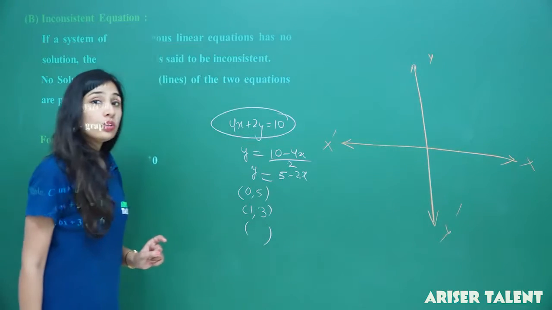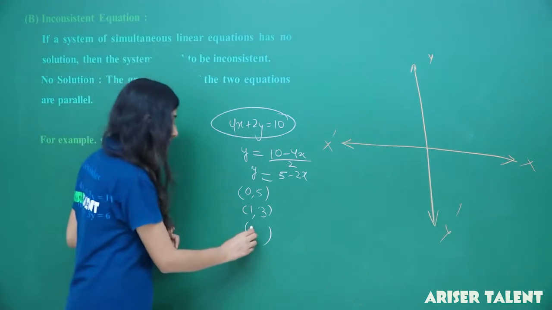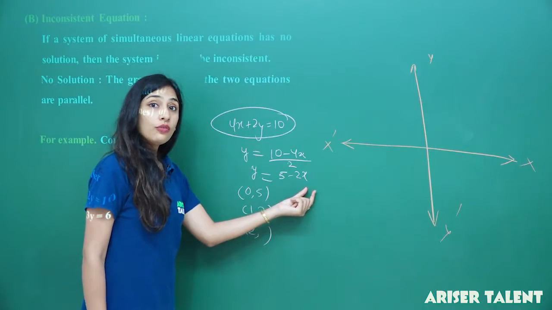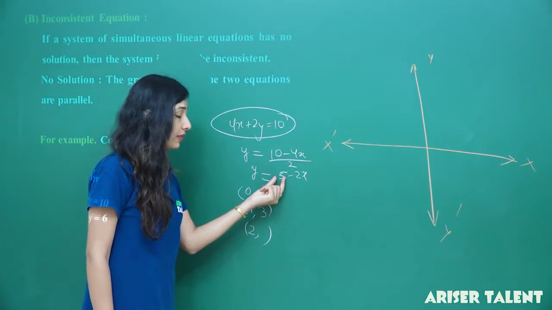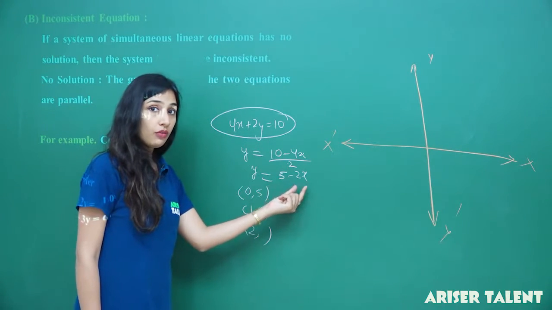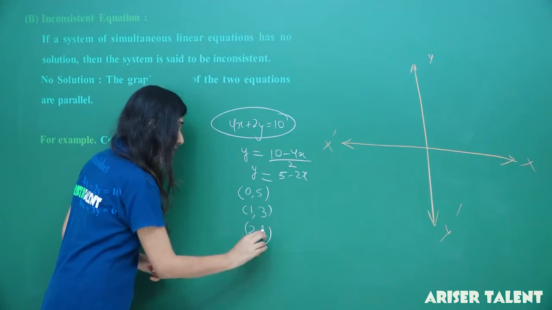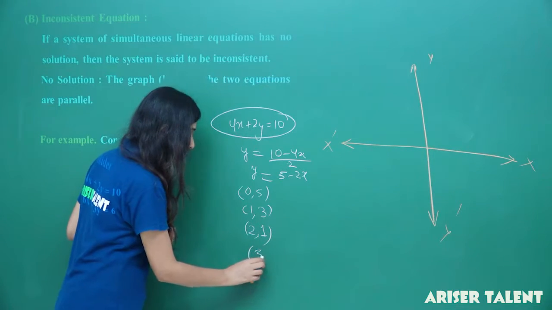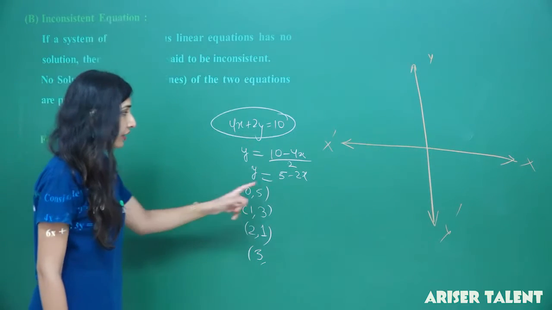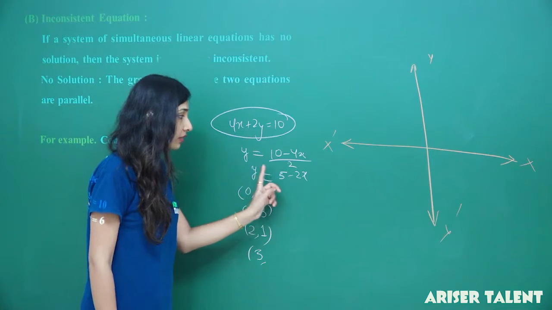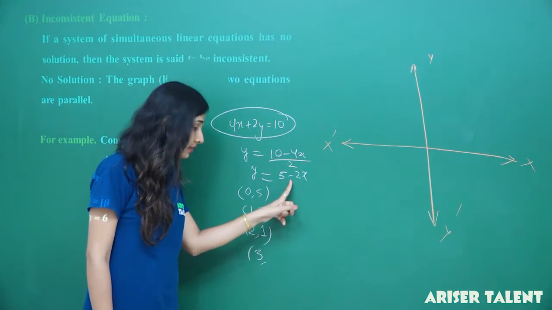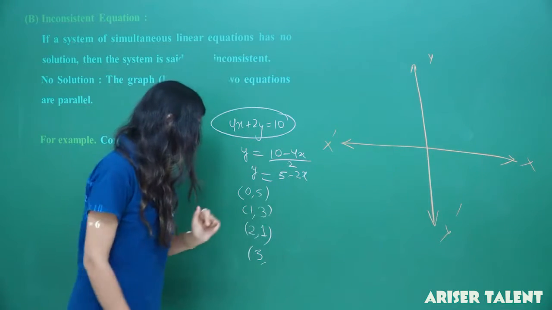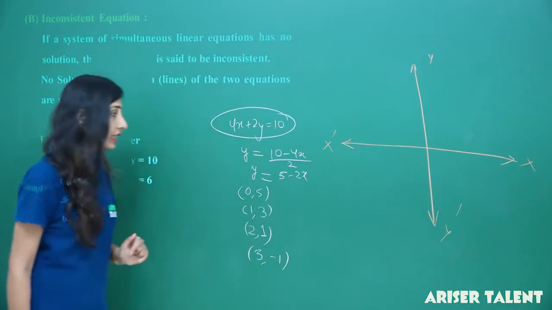Now if I am taking x equals 2, then 2 twos are 4, subtracting from 5, that will be 1. Now taking the value 3, 3 twos are 6, 5 minus 6 is minus 1, so minus 1 here, okay students.